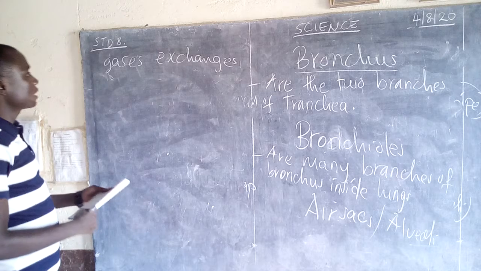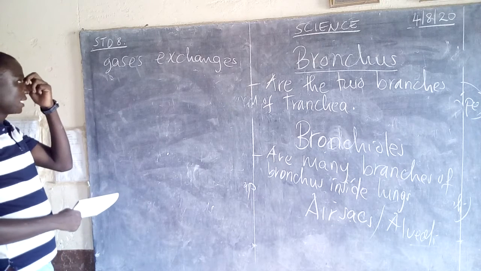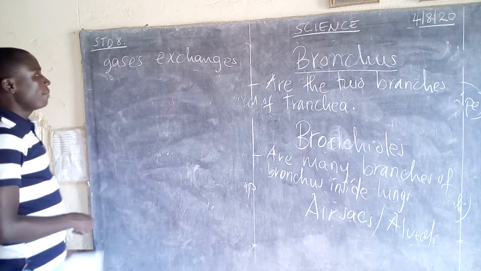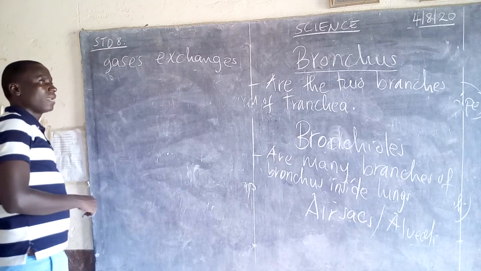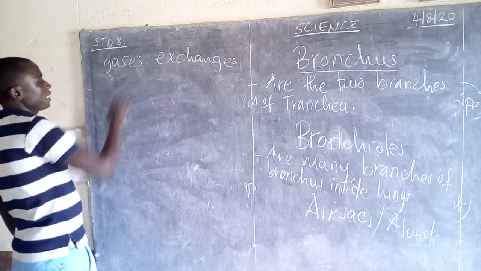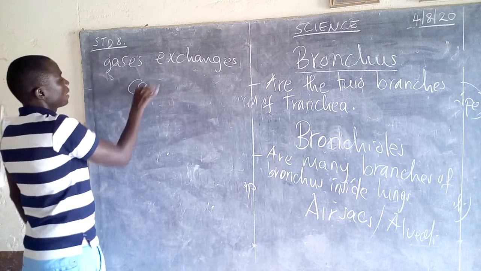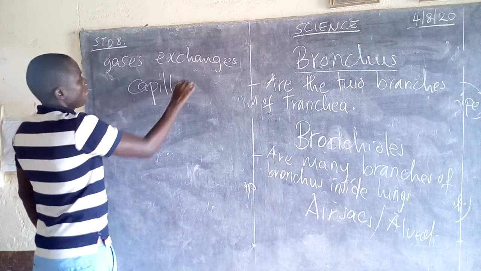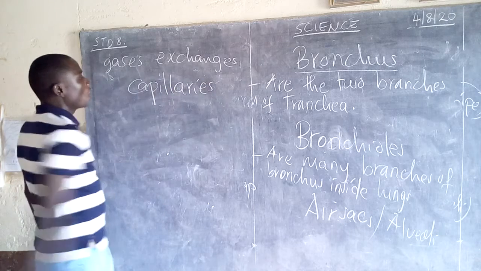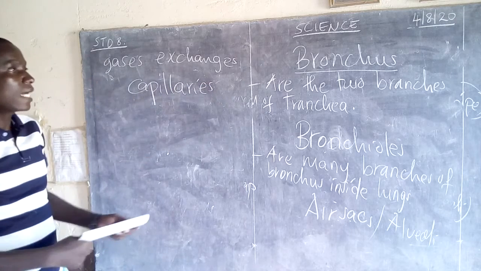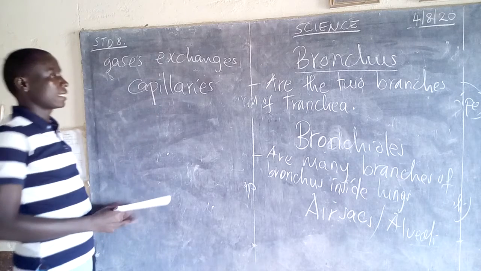How the exchange takes place, remember I explained it in class 7. It occurs with the help of blood vessels, and particularly we are talking about capillaries. Each organ is supplied by so many capillaries.